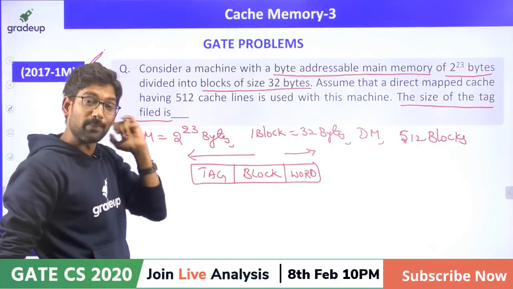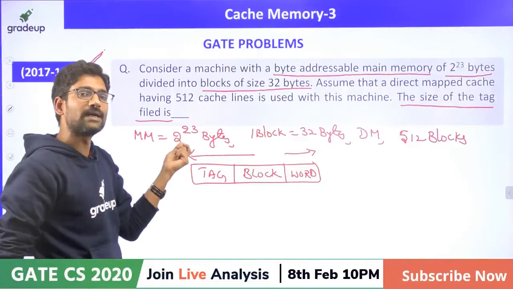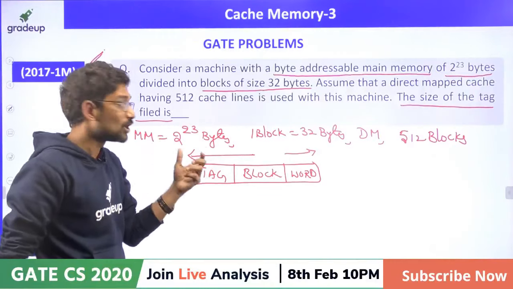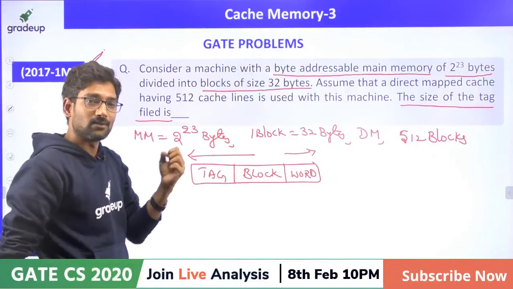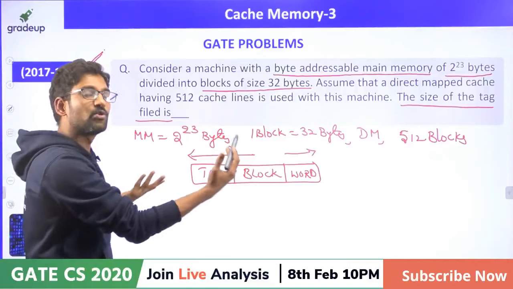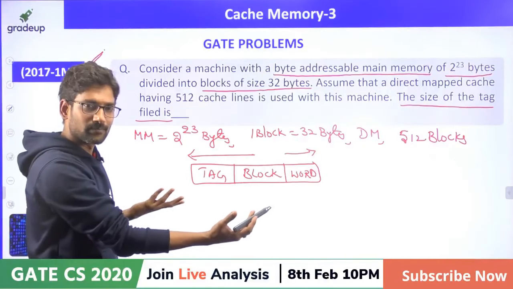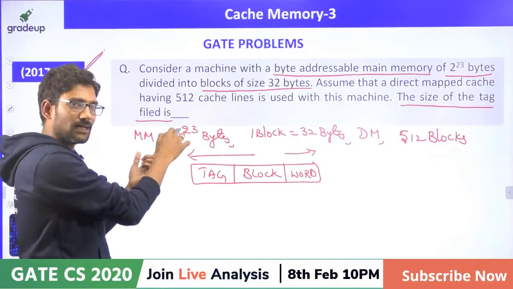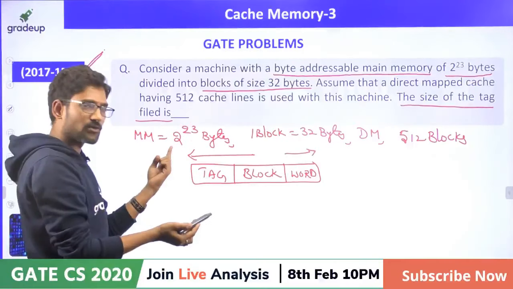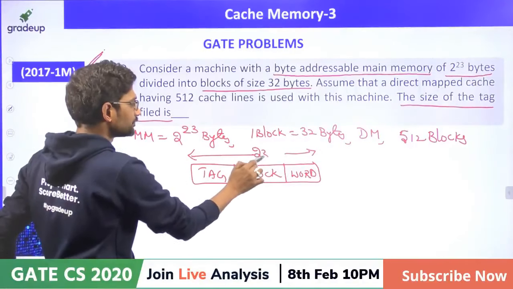Here it is byte addressable, 2 power 23 bytes are there. So how many bits do we have to take? What is the address length? 23 bits. Simple. If it is 2 power I bytes, it is I bits.